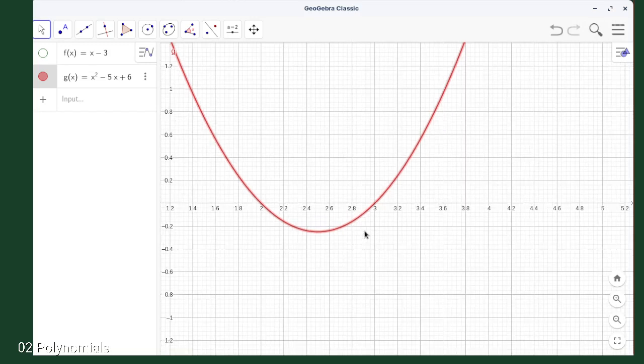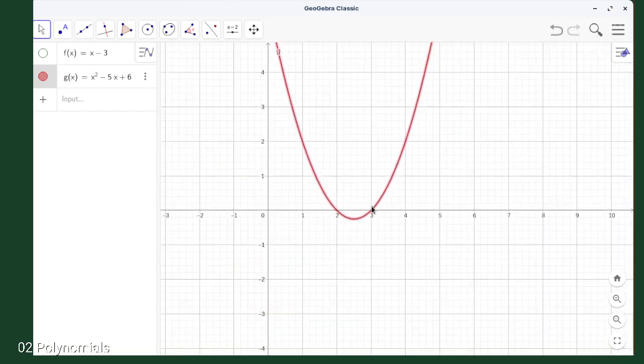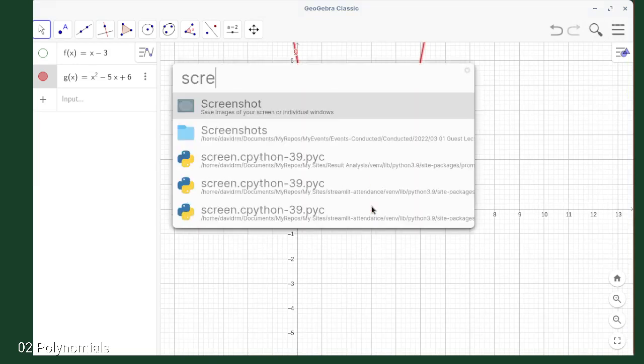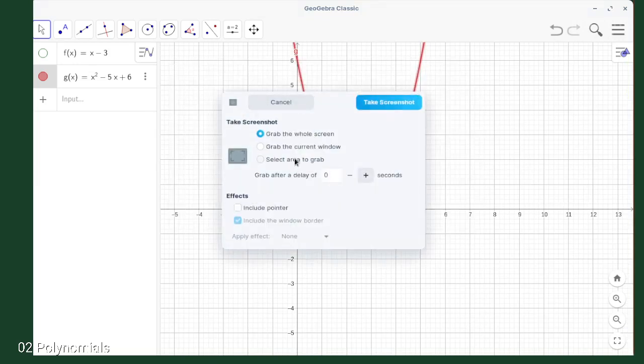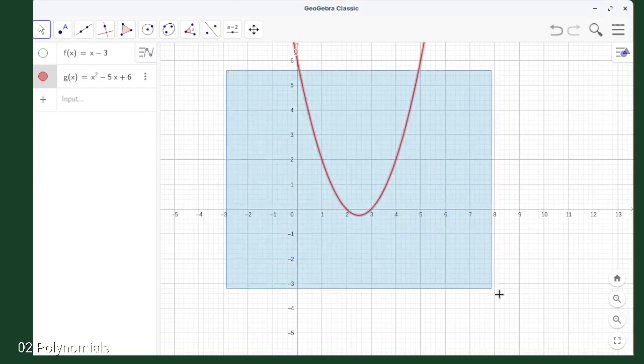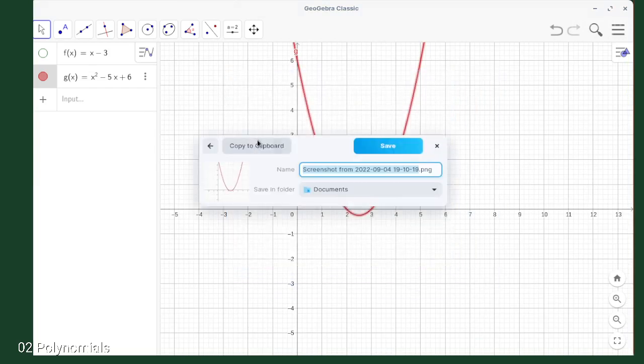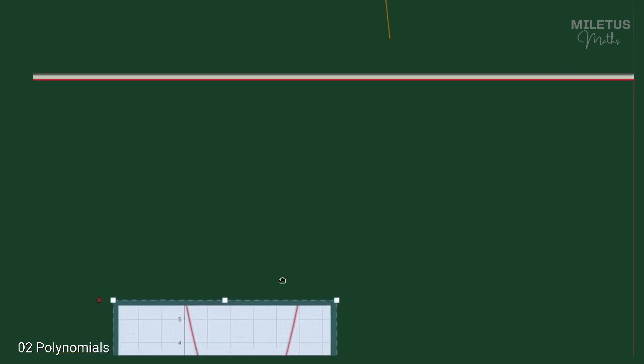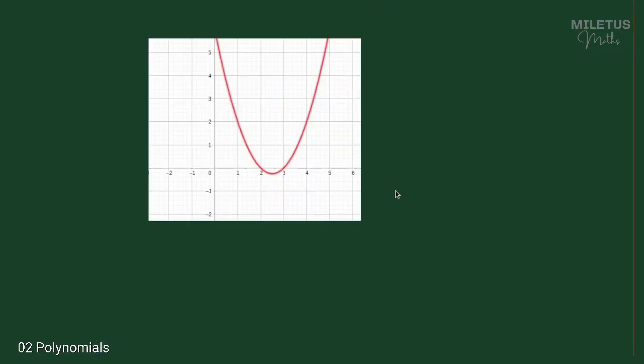Let me zoom out a bit. Let me also take a screenshot of it, copy it to the clipboard, and come back and paste it here. Yeah, that makes sense, I guess.